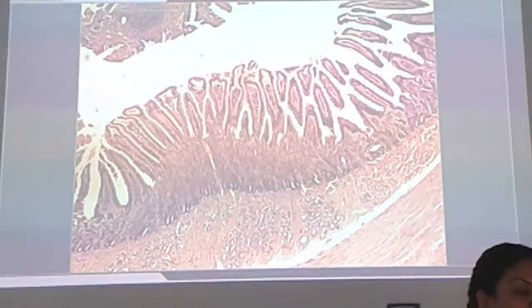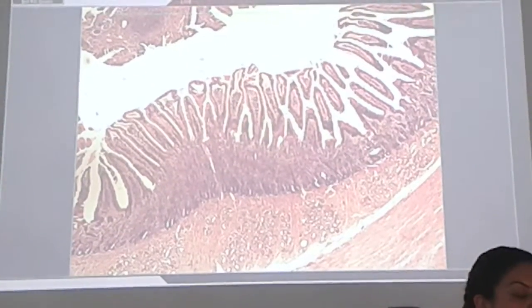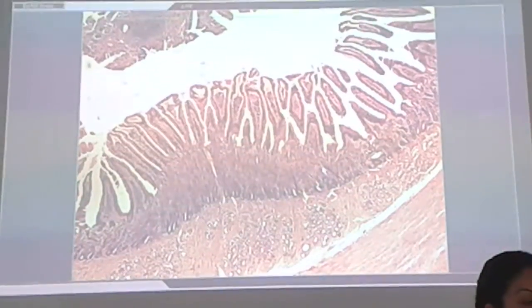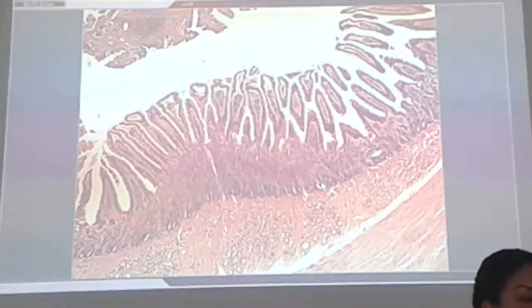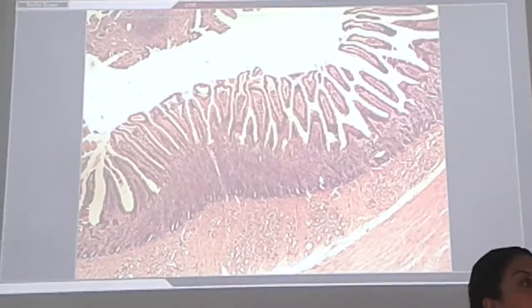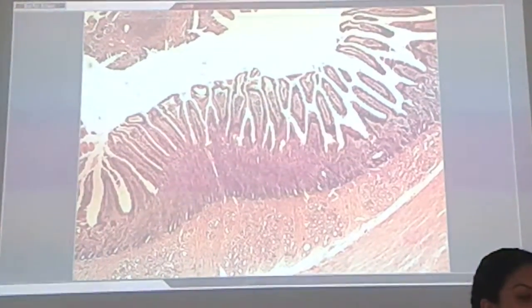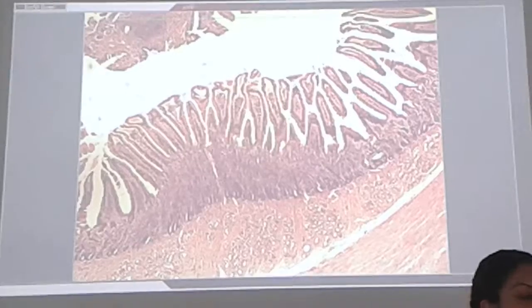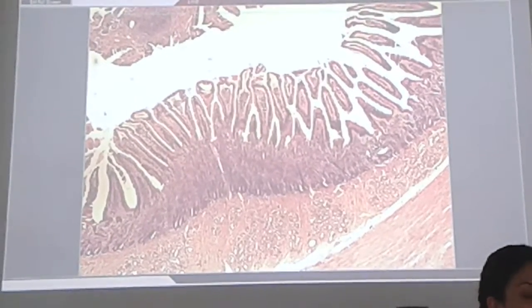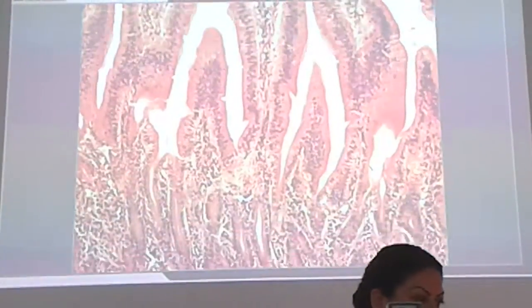See, in the mucosa, you see these round structures. These are infoldings of the epithelium, and we call them crypts of Lieberkühn. So these are infoldings of the mucosa. Let me show you in depth.